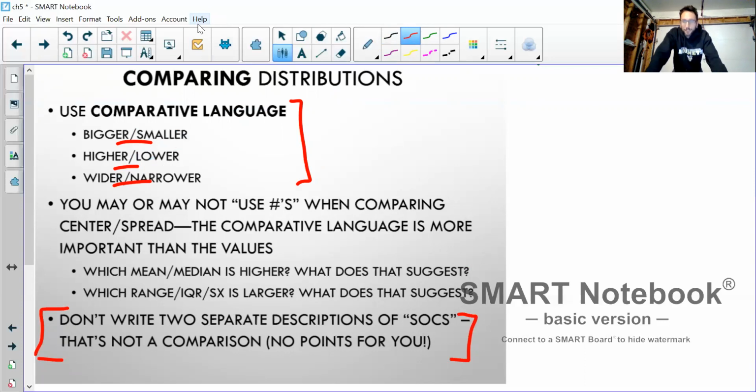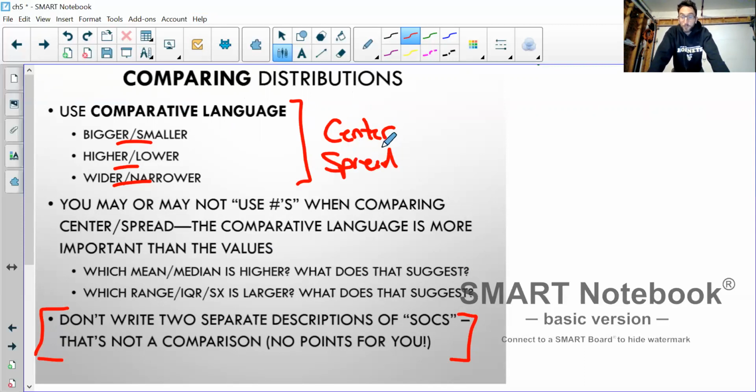Even sometimes with outliers, maybe you're just saying it doesn't look like either has any outliers. Or sometimes maybe we can say this distribution has more outliers than the other. But oftentimes the comparative language is tricky with those things. So the comparative language I really want to emphasize as we focus on the center and the spread.